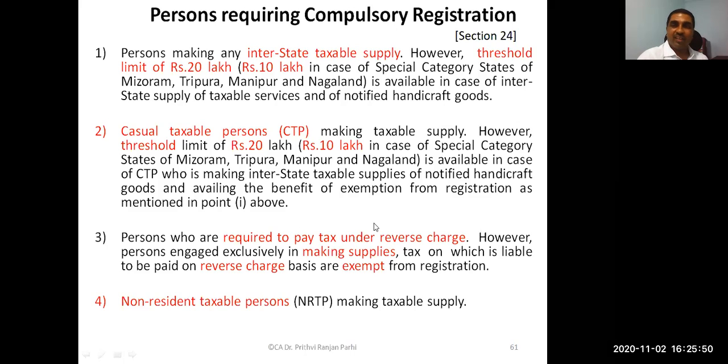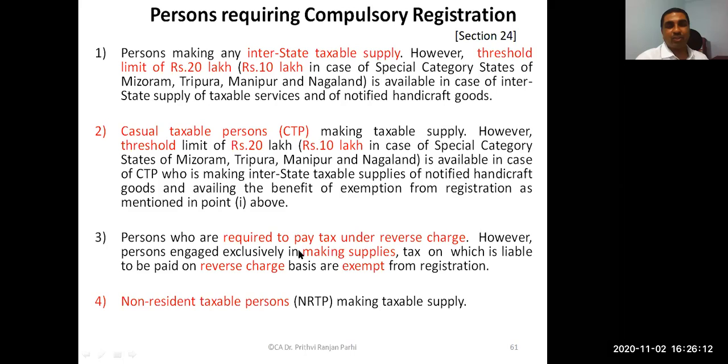Third category of compulsory registration is a person who is required to pay tax under reverse charge mechanism, even if his turnover is not exceeding the threshold limit, but he is required to pay tax under RCM. If that is so, he has to get himself registered. But here one more thing you have to remember.